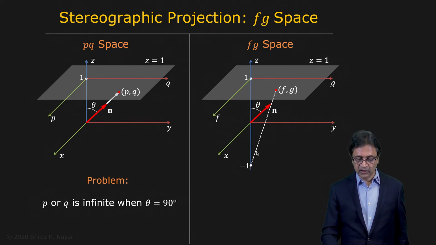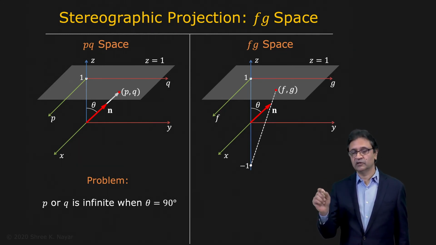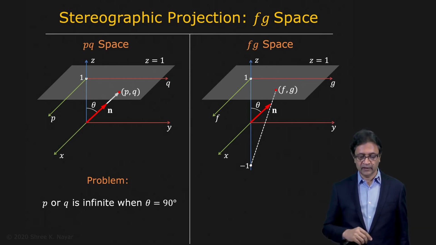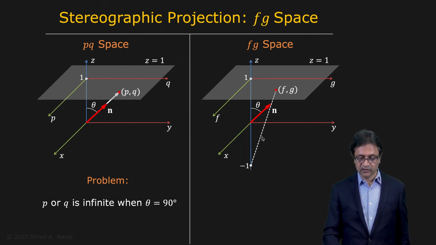And you're going to draw a line that goes from -1 on the z-axis through the tip of the unit normal, and wherever that line intersects your FG plane, that's the FG value corresponding to this unit normal n. So that's the mapping in this case. So you can look at the difference in the mapping. Here you extend the normal, here you go from -1 through the tip of the normal, and you get FG.